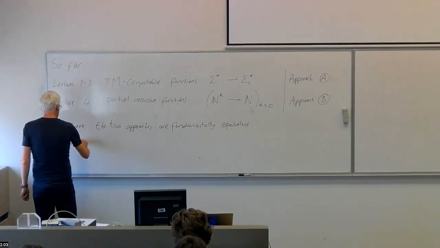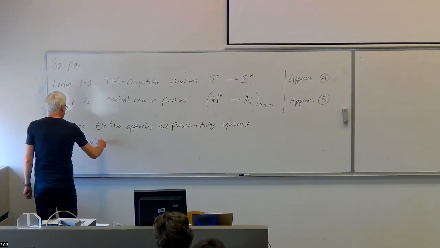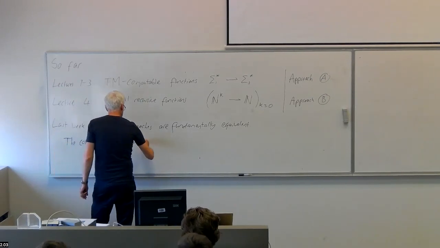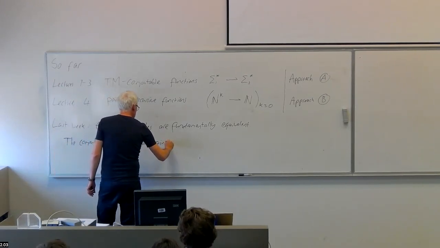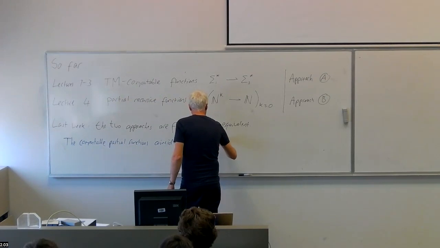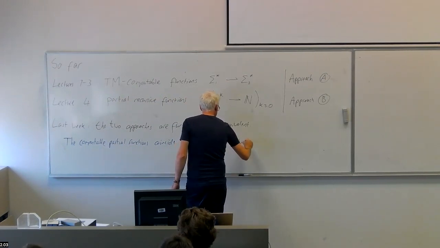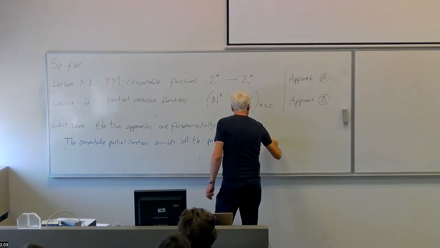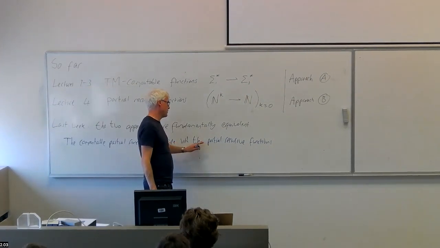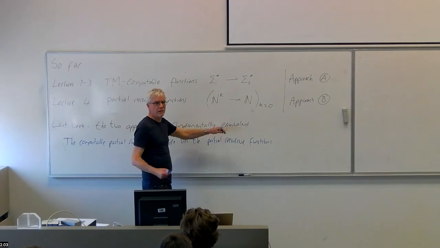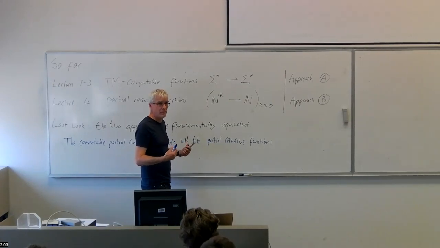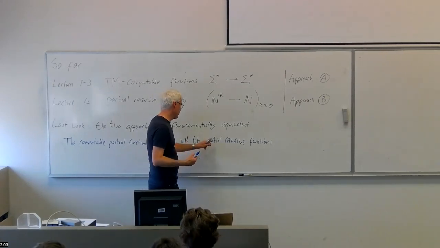So the computable partial functions via approach A coincide with the partial recursive functions of approach B. The very term partial recursive functions is tied to the particular way of defining it using primitive recursion, minimization, and composition.